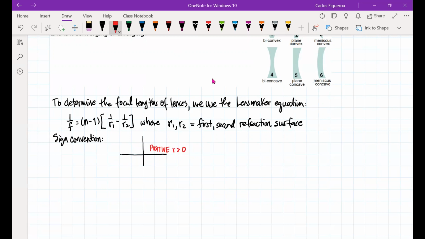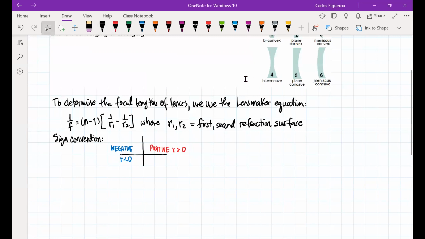Anything where its radius of curvature lands on the right side is positive. On the other hand, the left side is negative.